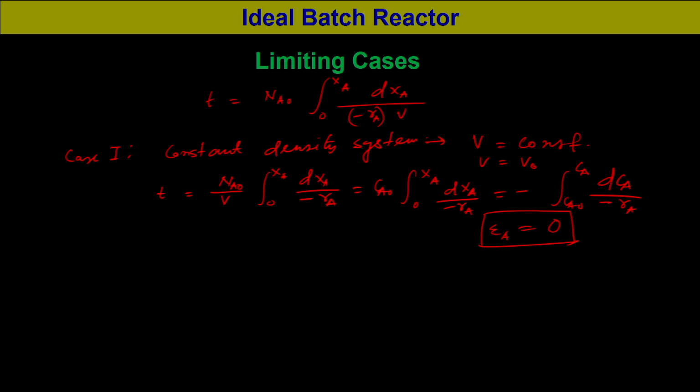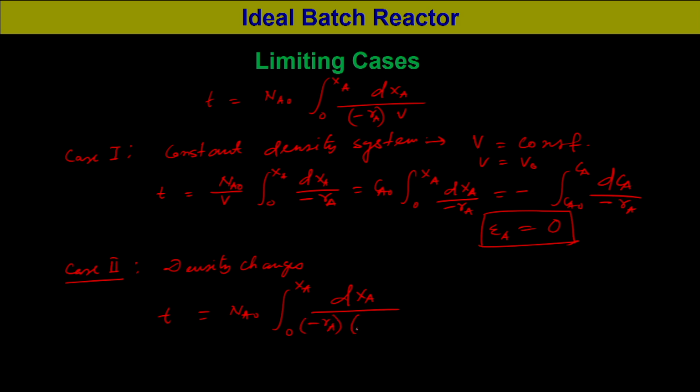Now, case 2, if density changes, then t would be equal to NA0 integral 0 to XA dXA divided by minus rA into the volume, which is linearly related to the conversion, as we have discussed before.